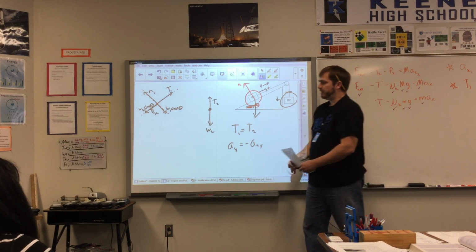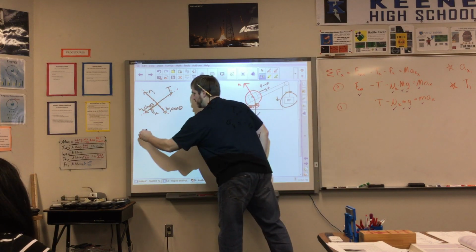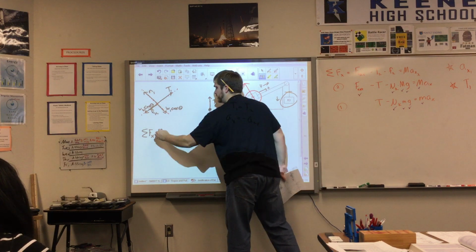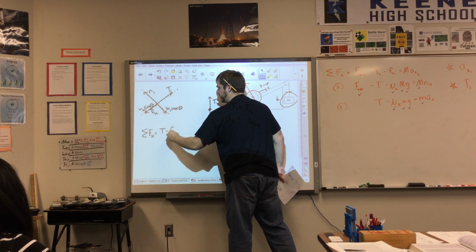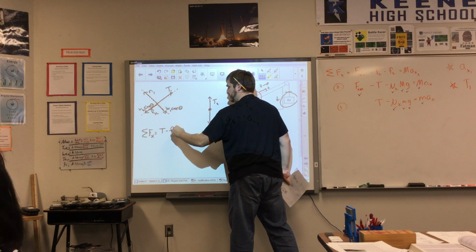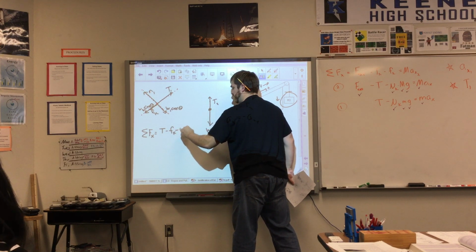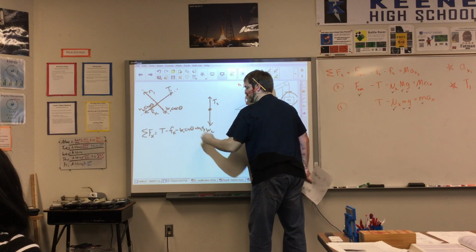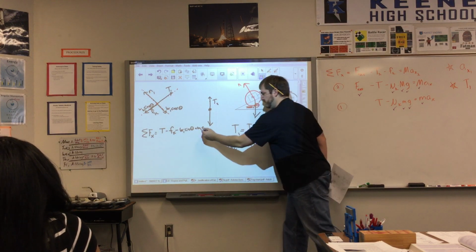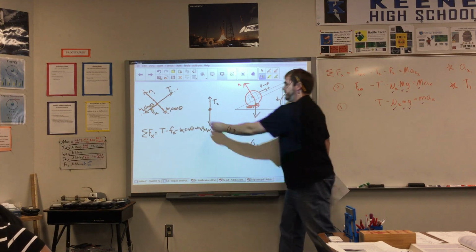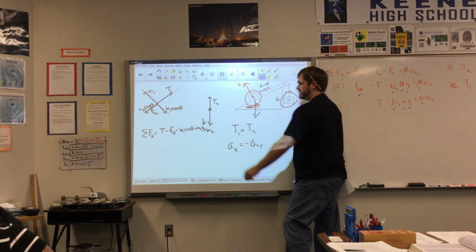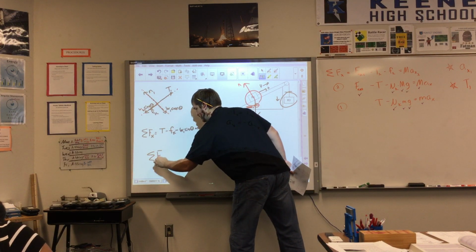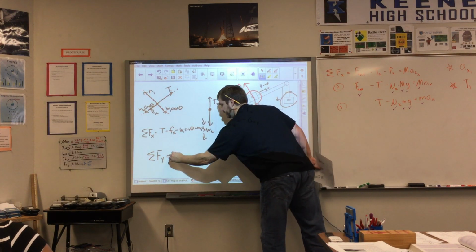It just means that when I write my equations, Newton's second law in the x direction of this guy is tension minus the friction force minus the weight force, weight 1 sine theta, equals its mass times acceleration in the x direction. And that acceleration in the x direction is exactly the same as object 2's acceleration in the y direction.